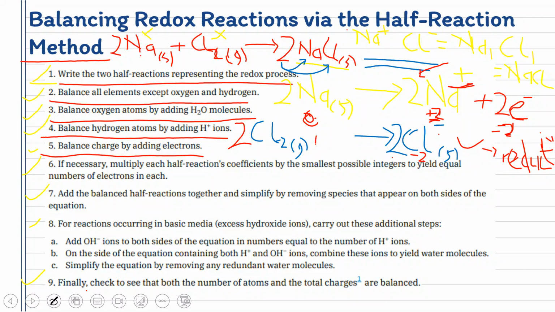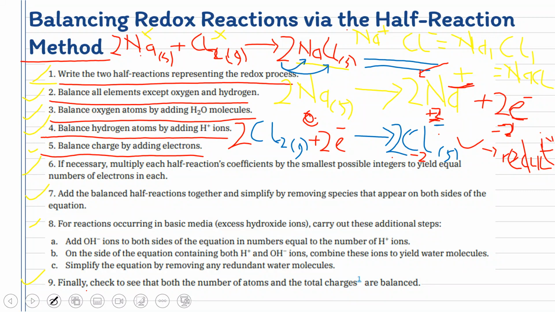How do I do that? I bring 2 electrons here. You see that? Now I've made both of them -2. We're trying to make it equal. That's what we're doing. Great. So I just fulfilled step 5.